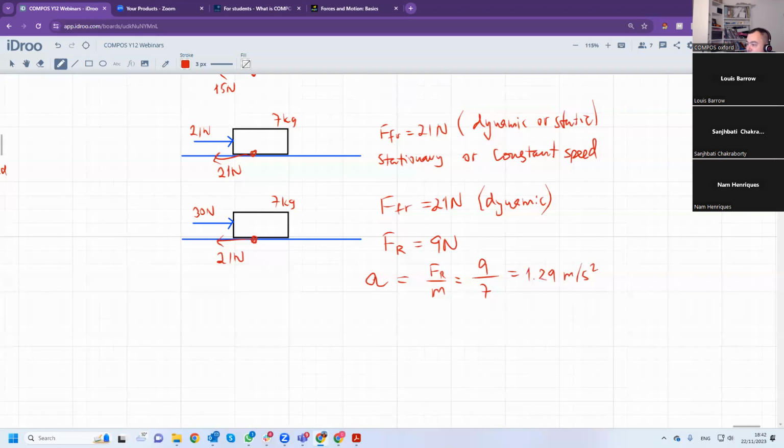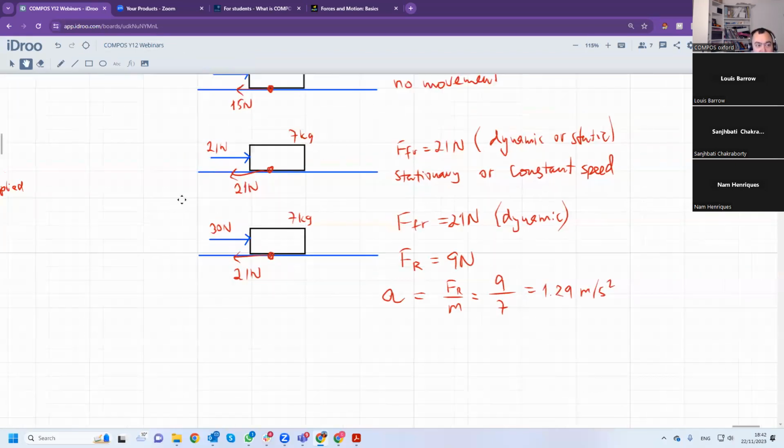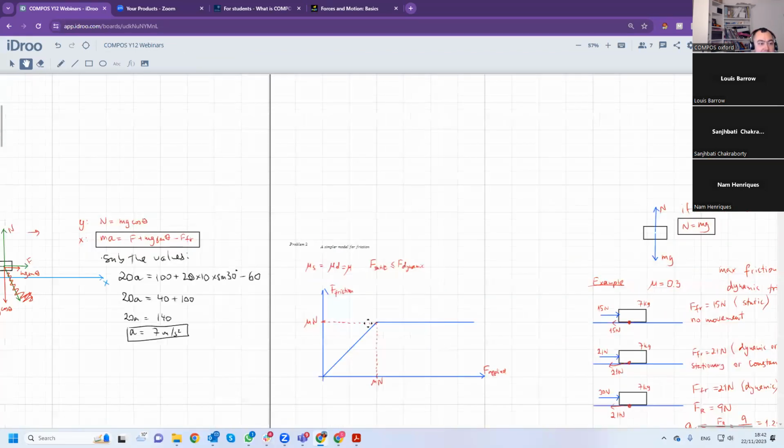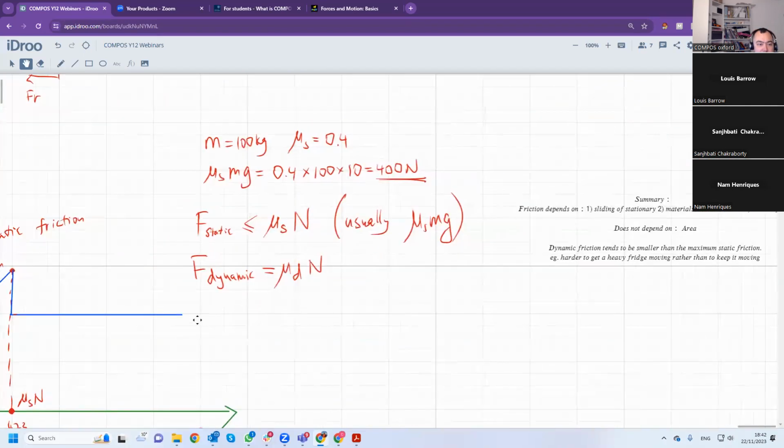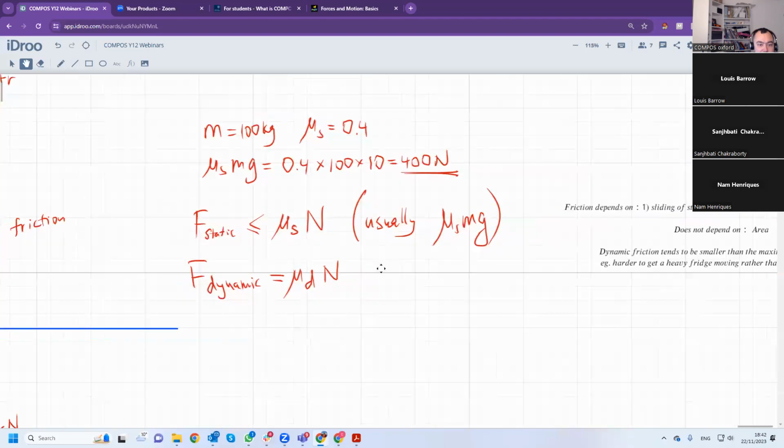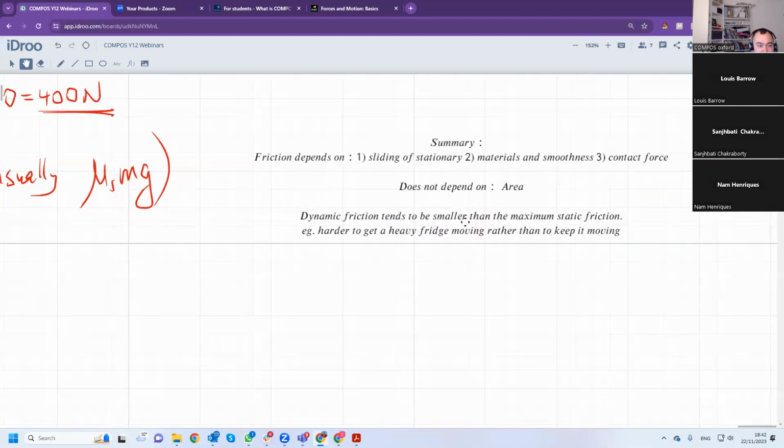Why is static friction less than or equal to dynamic friction? No, maximum static force. The dynamic friction tends to be smaller than the maximum static friction.